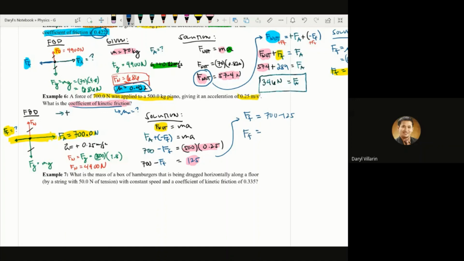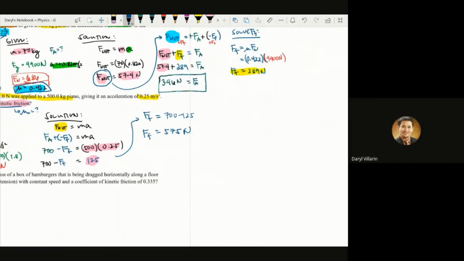So the magnitude of the friction is 575 newtons.